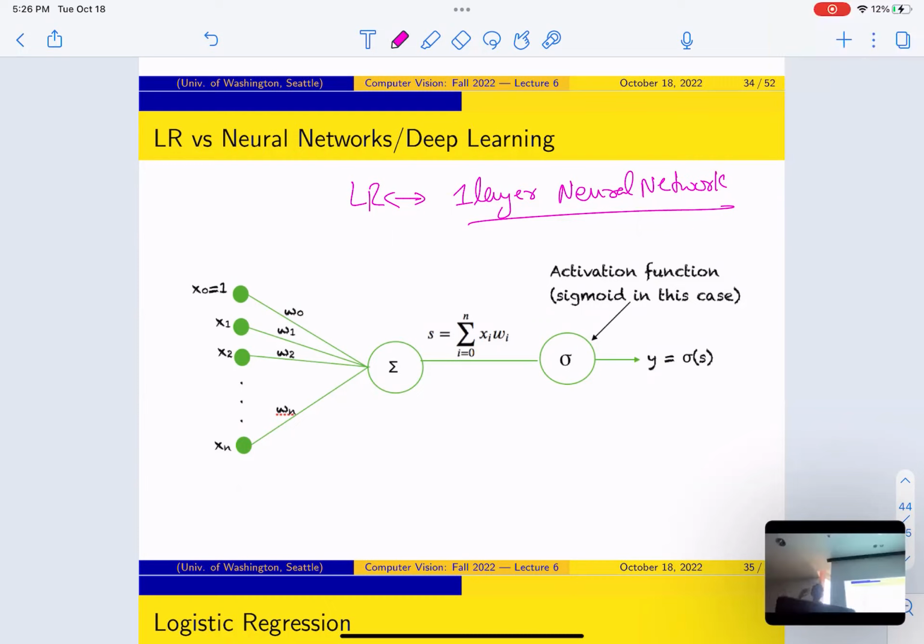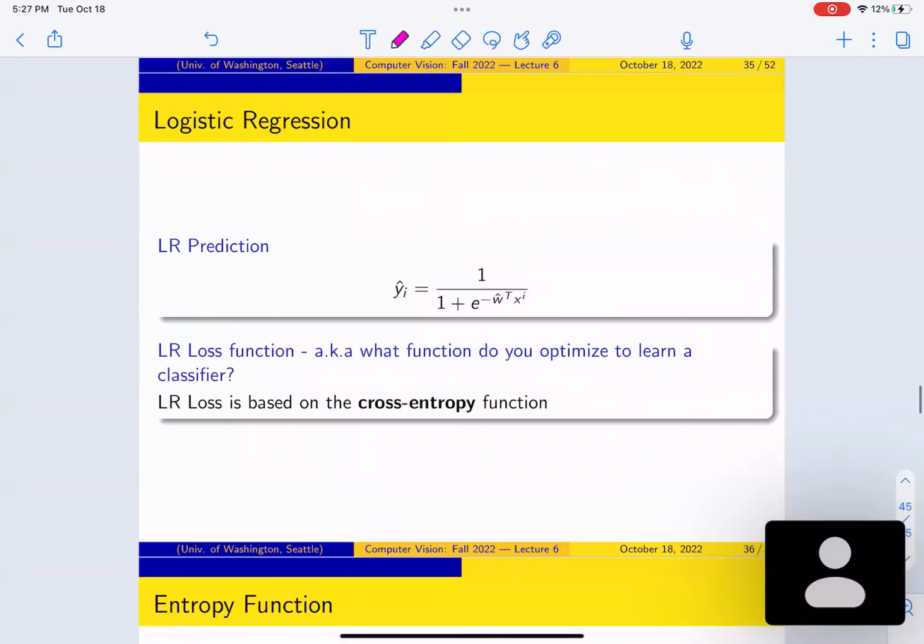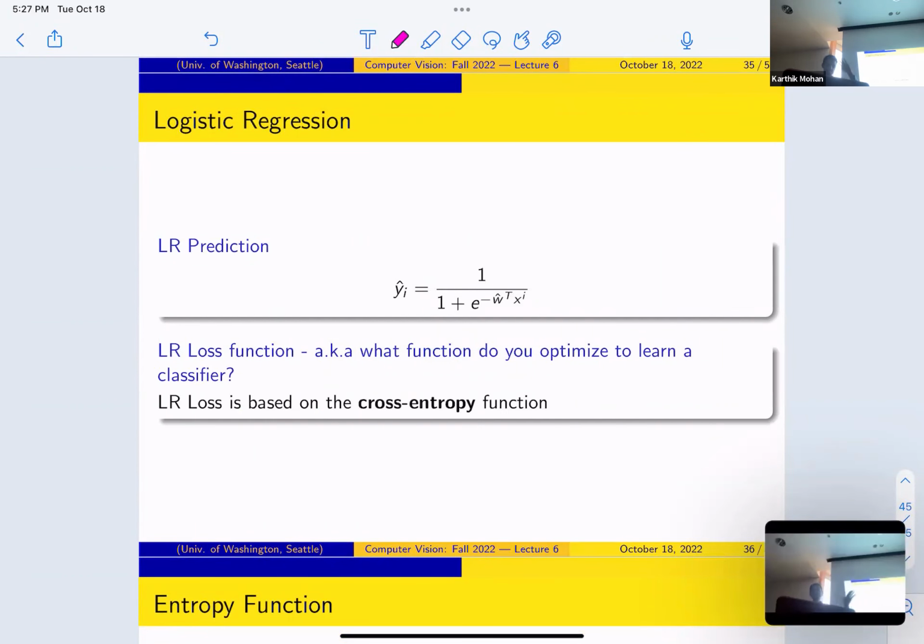All the fancy things we are looking at in computer vision come from putting together these single neurons into multiple layers, stacking them together, and training billions of parameters, and then you get a model that does face recognition or zero to combination. But that's all coming up in the next week or so. We're not there yet.